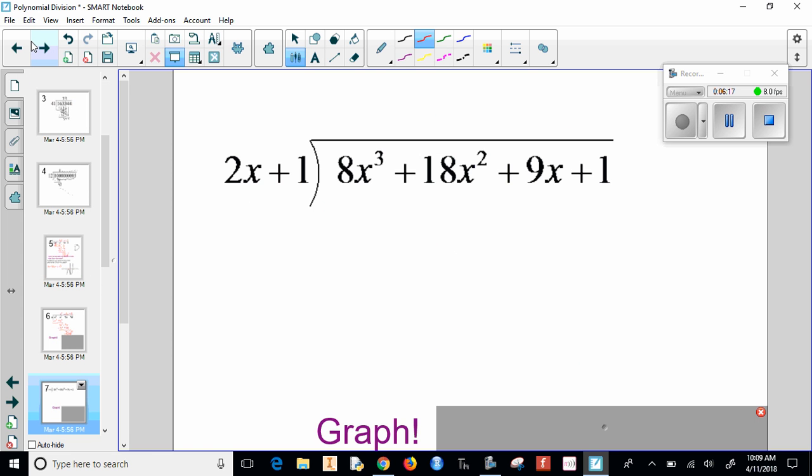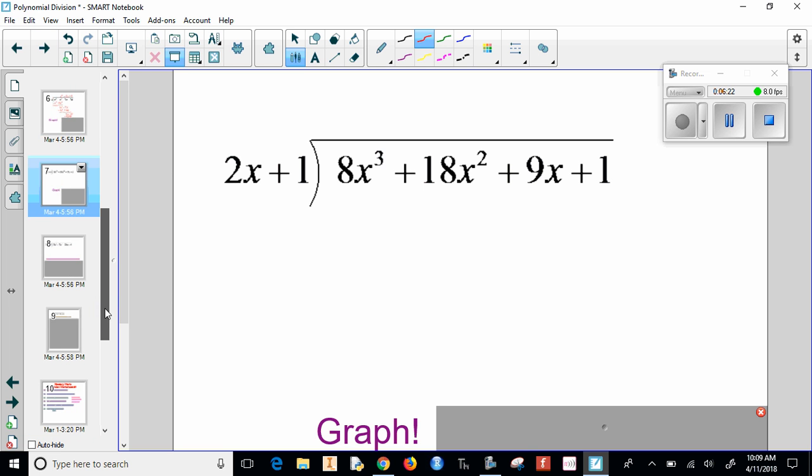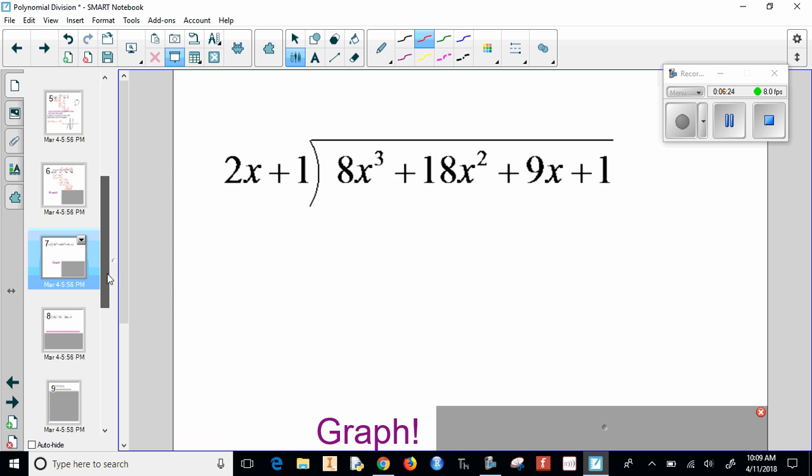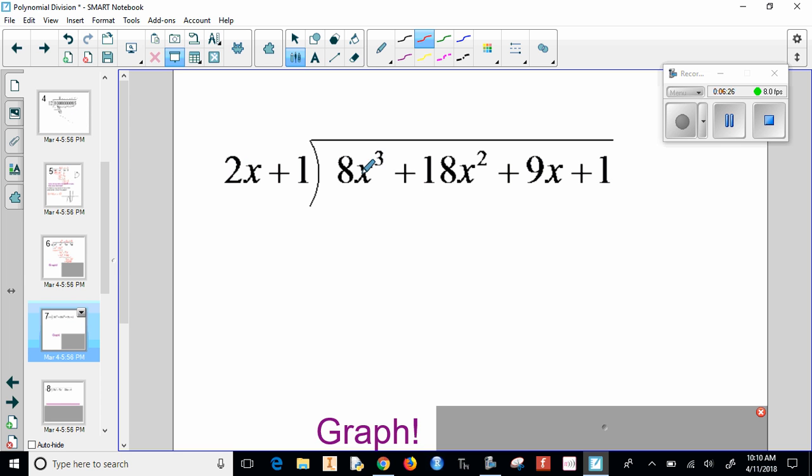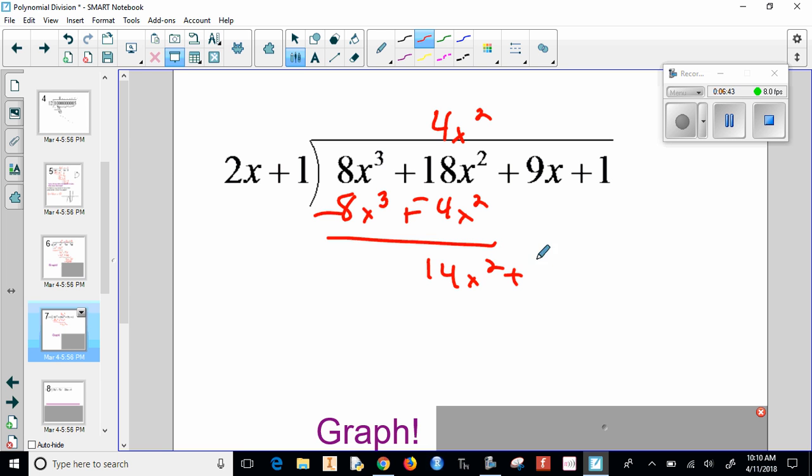All right, now this one, I believe this is the last one I'm going to do of this type. If I have 2x, it goes into 8x cubed. That's going to be 4x squared times. And now when I subtract, I get 14x squared plus 9x. What times 2x is 14x squared? That would be 7x.